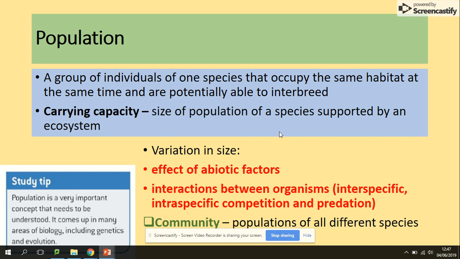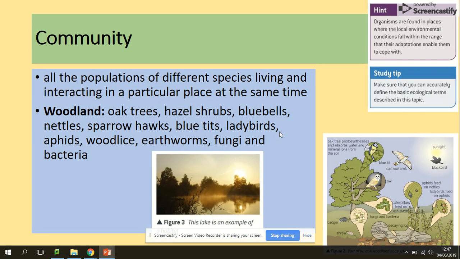A community is all of the populations of different species living and interacting in a specific place at the same time. Examples could be a woodland, having orchids, woodlice, earthworms, and all sorts of organisms.